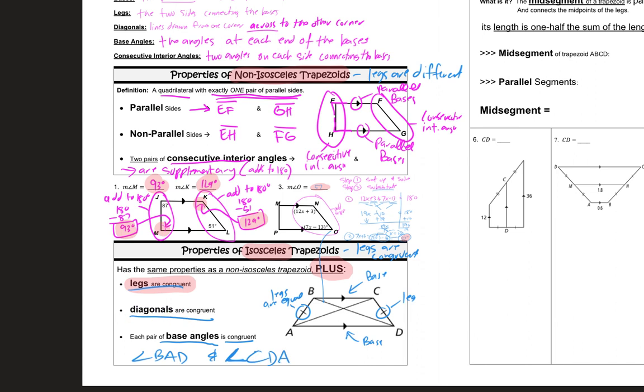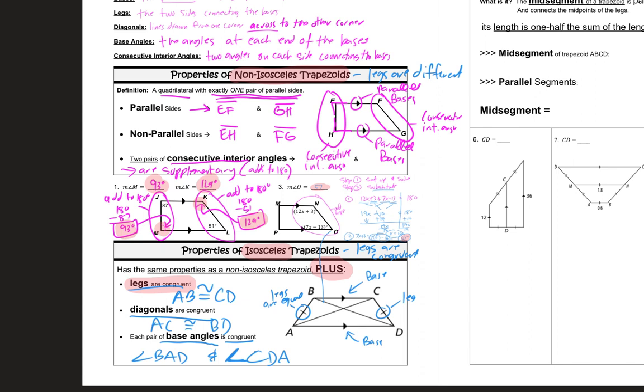What about our diagonals? Which ones are congruent? AC is congruent with BD. Those are the diagonals. And then our legs are congruent, so AB is congruent with CD. All right, so that's the basics of that.